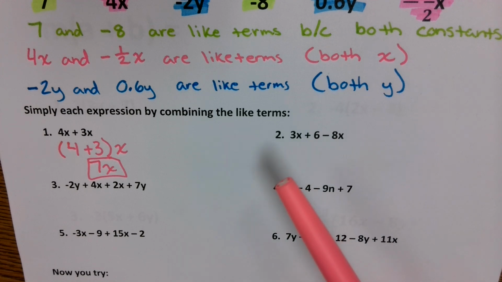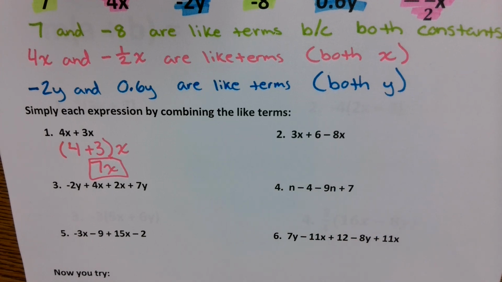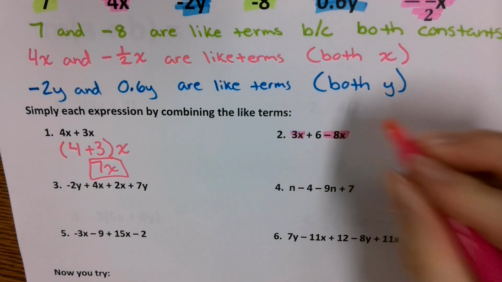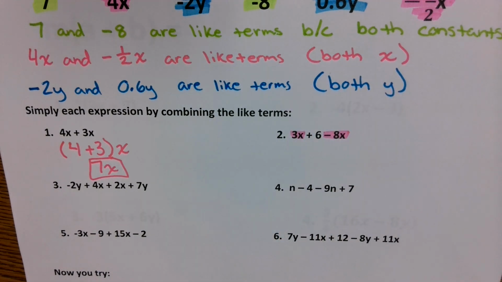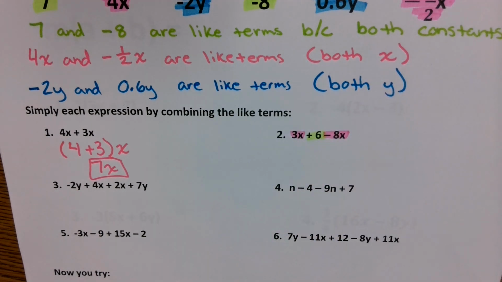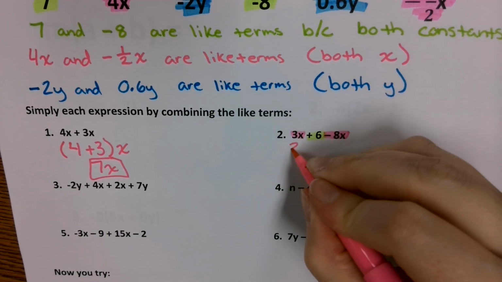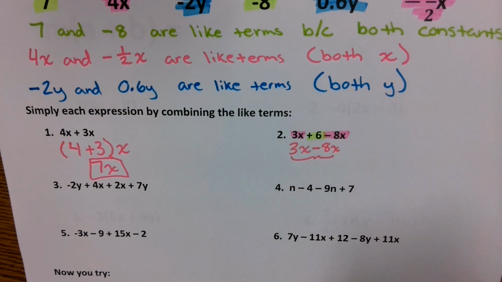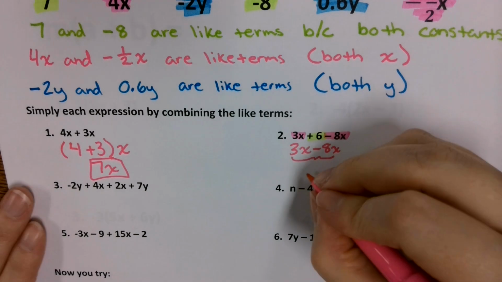Okay, if we're looking at problem number 2, the only like terms that I happen to have right here, I have 3x and I have a minus 8x that are like terms. My plus 6 does not have a like term. It's all on its lonesome. So we're going to focus on doing 3x minus the 8x, which is what, Caleb? Negative 5x.